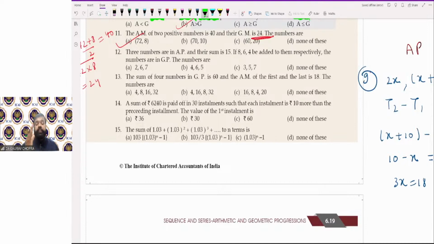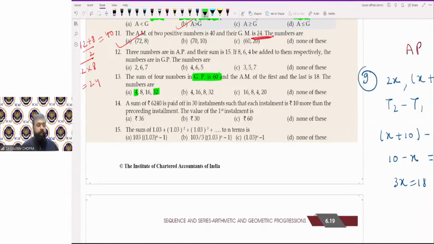4, 8, 16, 32. All numbers are in GP and their sum is 60. Yes, this much condition is verified. Then arithmetic mean of first and last number is 18. So first number 4, last number 32.